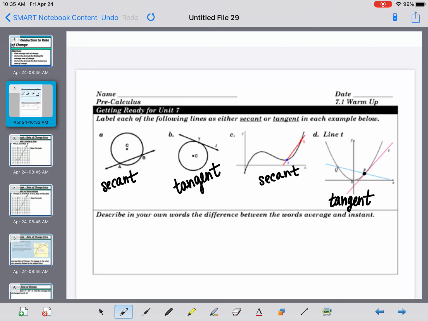Now I would like you to pause and in your notes write down the difference between average and instantaneous. Okay, so you've had a chance to write that down. For average, you may have had something like over a period of time.